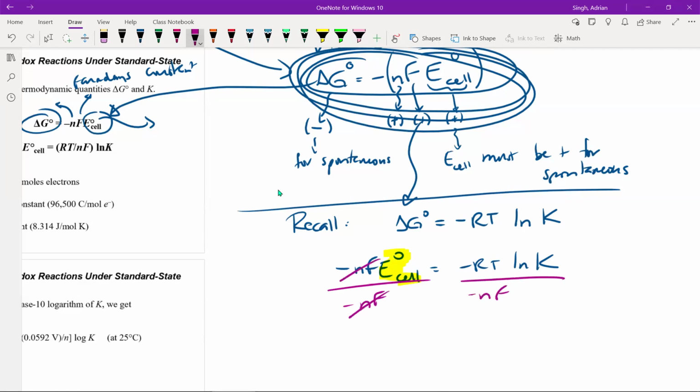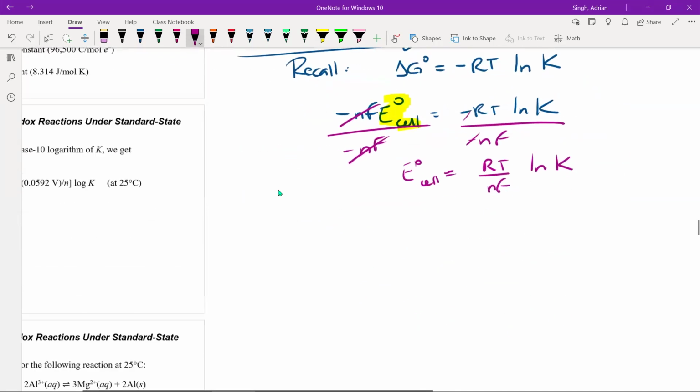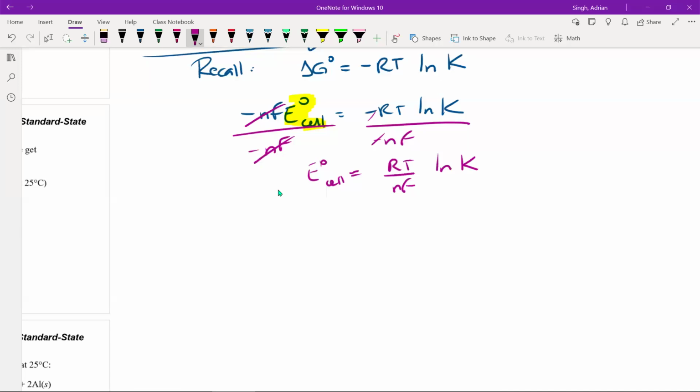So these go away, the negative sign goes away. I end up now with E of the cell being equal to RT over NF times the natural log of K. All right, so we're just doing a little bit of math on this, nothing too complicated, just some substitutions.